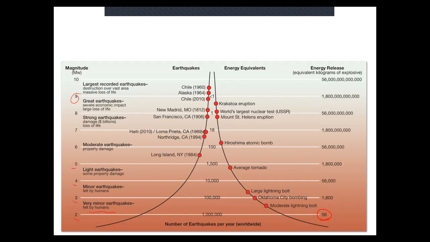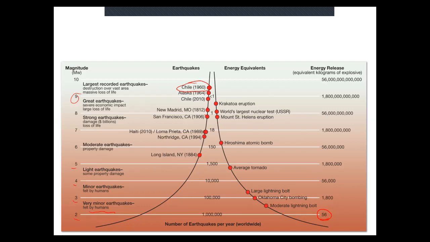And magnitude 9 earthquakes are the largest recorded earthquakes. They're destructive over a large area with a massive loss of life. We have notable earthquakes, plotted at their respective magnitudes. So this 1960 Chilean earthquake is the largest earthquake we've ever recorded.